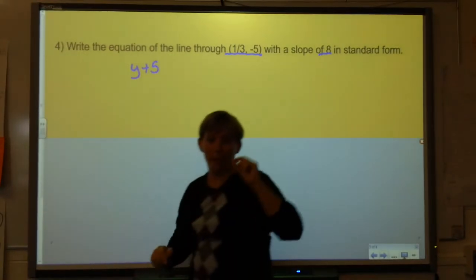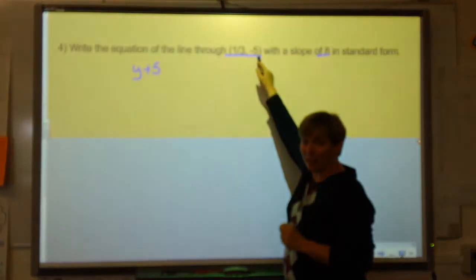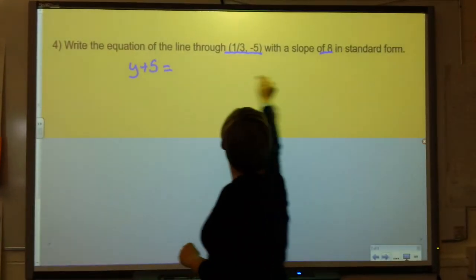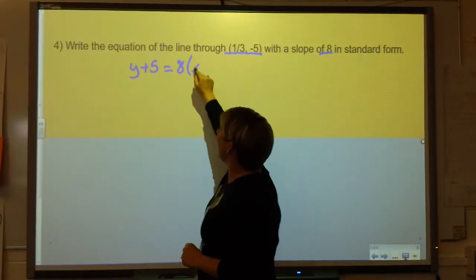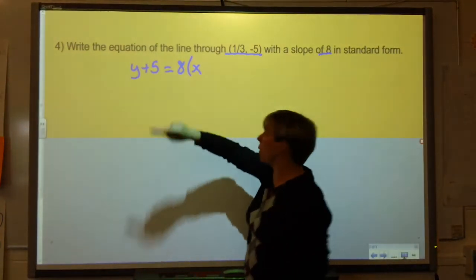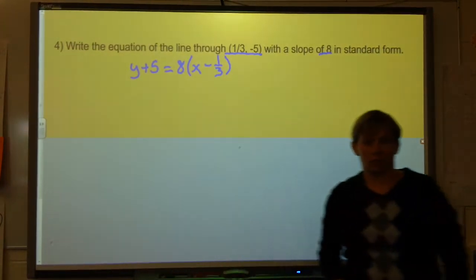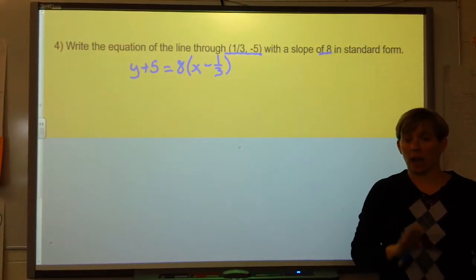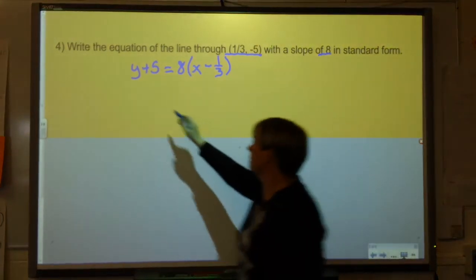Remember we had y minus my y coordinate, and my y coordinate here is negative, so that means I'm going to have y plus 5 is equal to my slope, which is 8, times x minus my x coordinate, and my x coordinate is 1/3. To get this in standard form, my x and my y have to be on the same side, my constant's on the other side, so I need to distribute the 8.